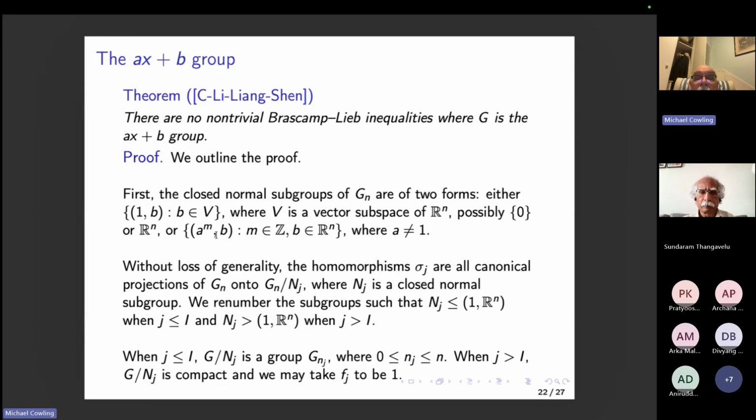This vector subspace can have any dimension between 0 and n, so there's quite a lot of them.